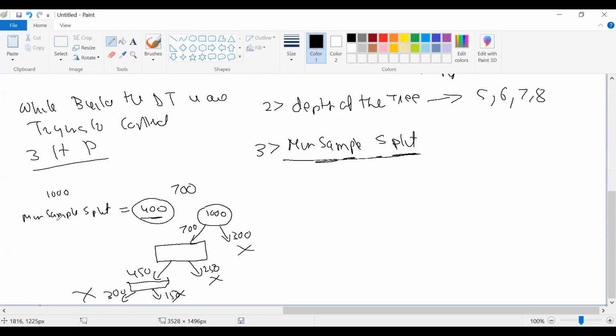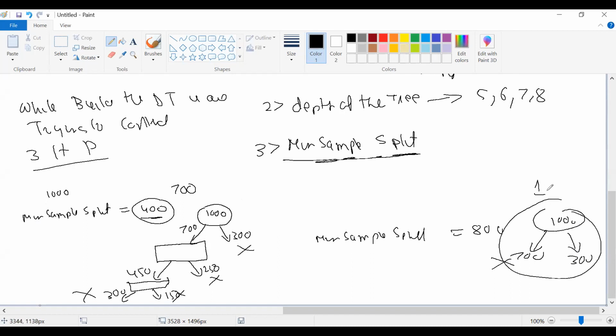So do you realize one thing, that the minimum sample split number which you give will definitely have an impact on your model. If minimum sample split is equal to, let me say 800, then tree यहाँ पे आके रुक जाता, बराबर? It would have stopped. What does this mean? This means it is checking only one condition. सिर्फ एक ही condition तो check करता. Because every splitting, remember I have said, is nothing but kind of an if and else condition.